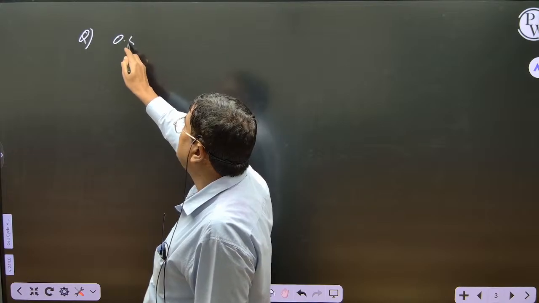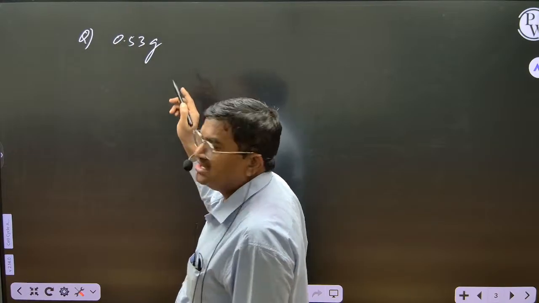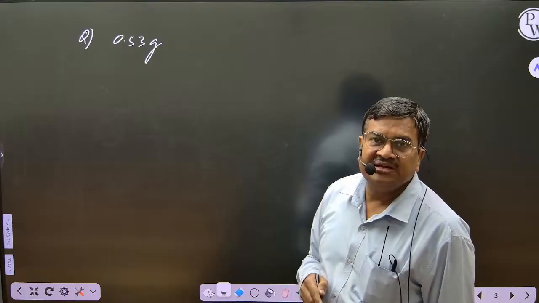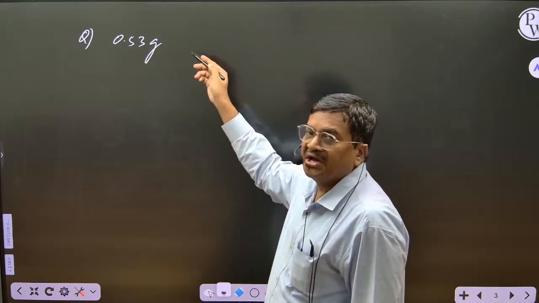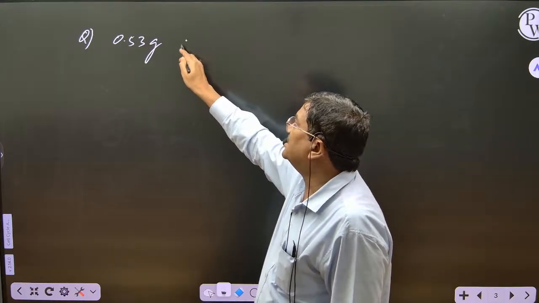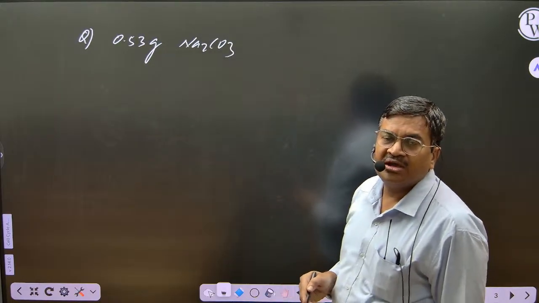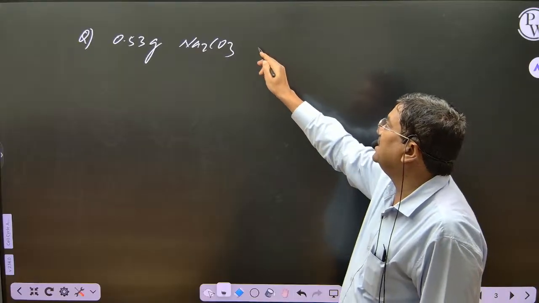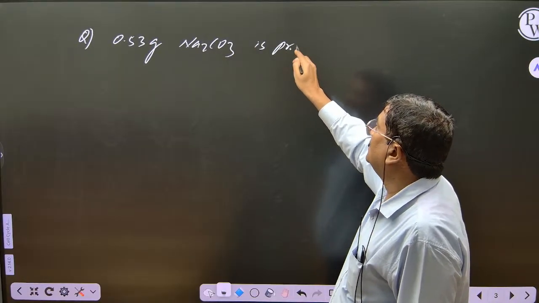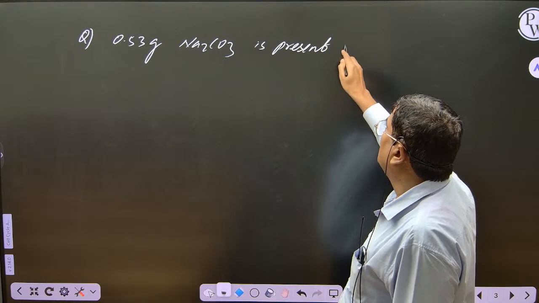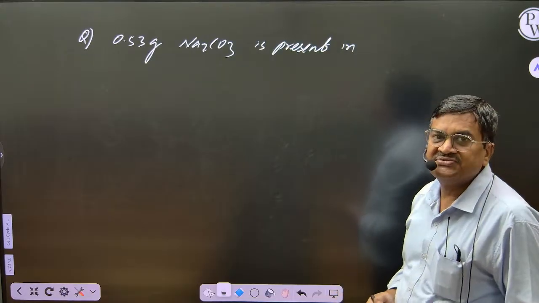0.53 grams of washing soda. You know the formula of washing soda? Na2CO3, sodium carbonate, is present in 250 grams of solvent.